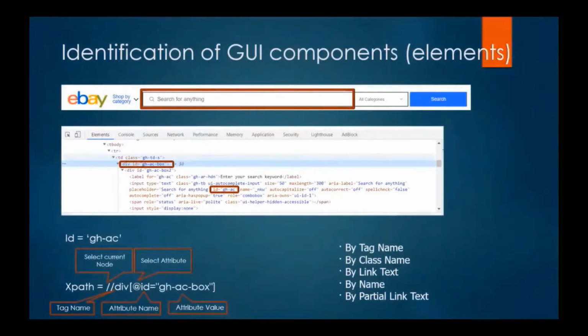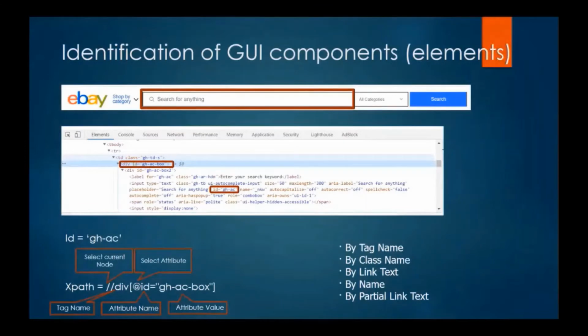How we're going to build that, we have to give double slashes, then the tag name, and within square brackets the attribute name, then the attribute value. This is only one way of creating an XPath. There are several ways of creating XPaths, and there are some advanced ways as well. In this session, I try to cover a few XPaths.